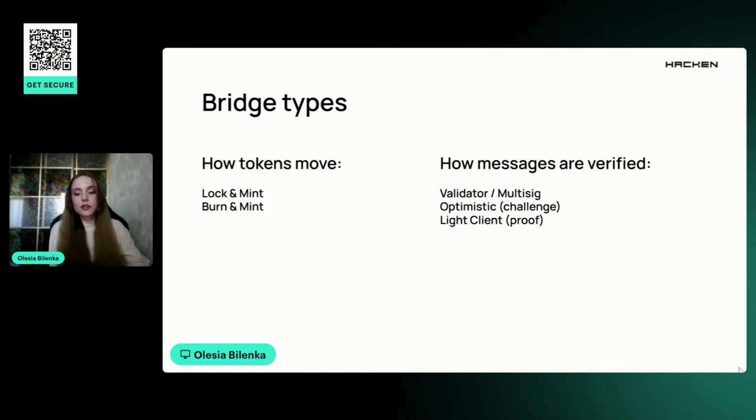The second dimension is how messages are verified. Some bridges rely on a validator or a set of validators. Others use optimistic verification, where messages are submitted and then can be challenged during a defined time window. And some use light clients, which rely on on-chain proof verification. In practice, each bridge combines these two dimensions.